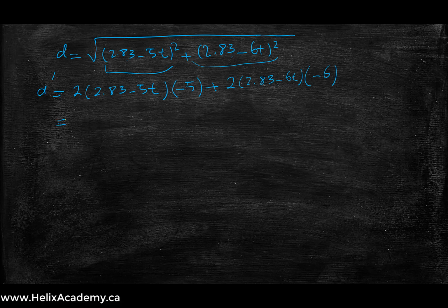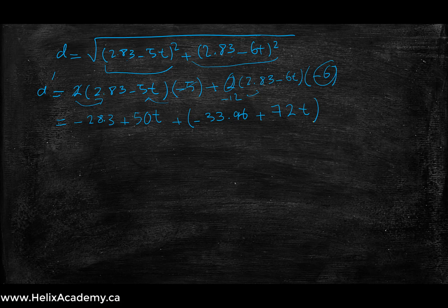All right, in order to simplify that, I have a negative 10 here, so I'll multiply it by this. I get negative 28.3, and the negative 10 times this would be a positive 50t. And then here I have a negative 12, and I'm going to expand that out. A negative 12 times 2.83 is negative 33.96, and the negative 12 times negative 6t is positive 72t.